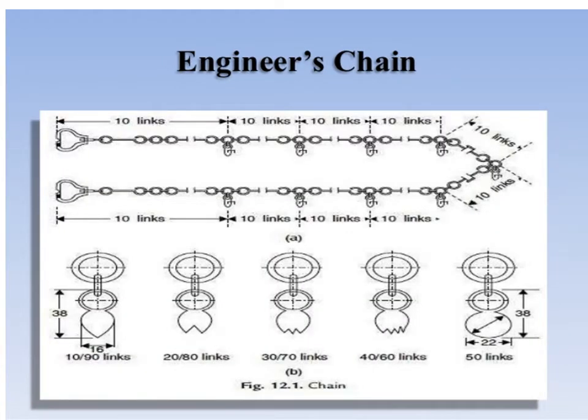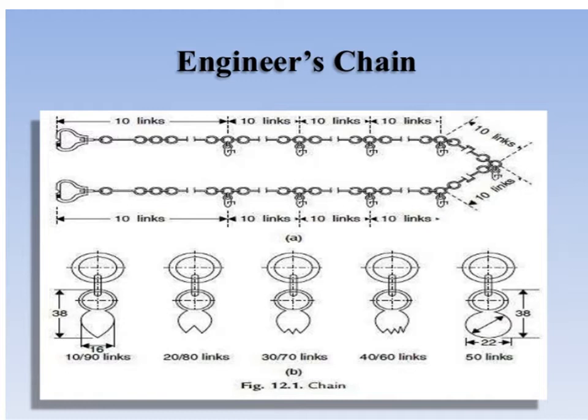This slide refers to different parts of the chain. The engineer's chain consists of 100 links and the length of 1 link is 1 foot. Therefore, it carries 100 links. At both ends, the handles are provided with a swivel joint so that rotation of the chain is permitted whenever it is stretched.